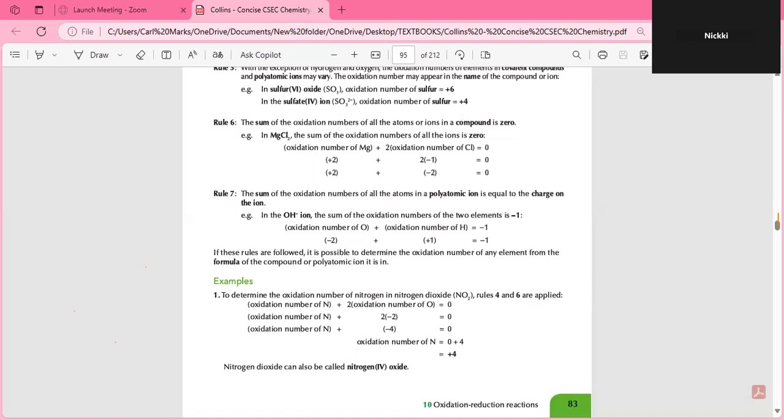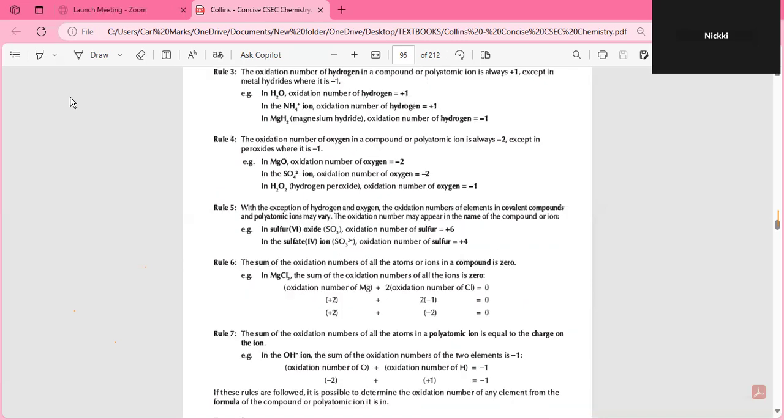Let me show you back our example, SO4 2-, where we added the +4 and we added the -6, and we end up with what? -2. And that is the charge on the ion. Notice the charge is here, -2.